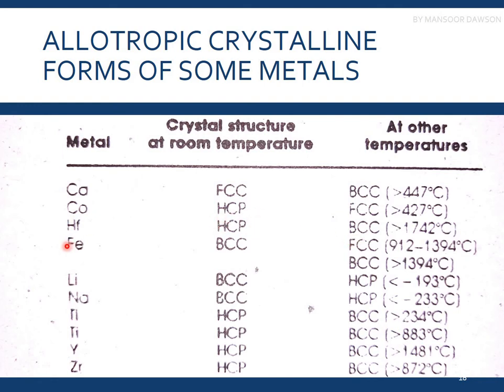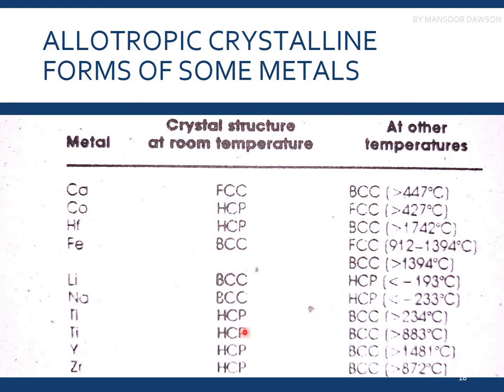Hafnium, a noble atom, which again converts from HCP to BCC structure at a very high temperature, that is 1742. Then we have iron, which we discussed in the previous slide. We have lithium that converts from BCC to HCP around minus 193.